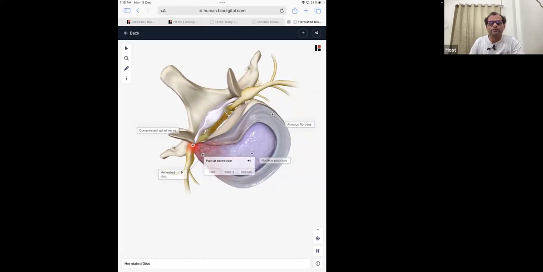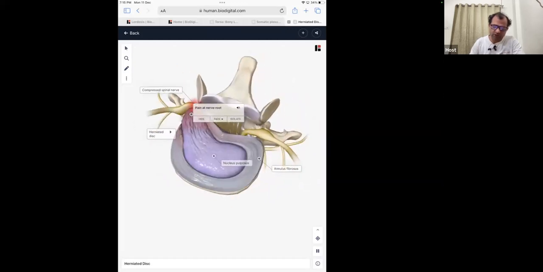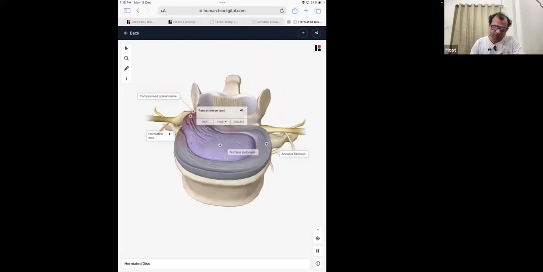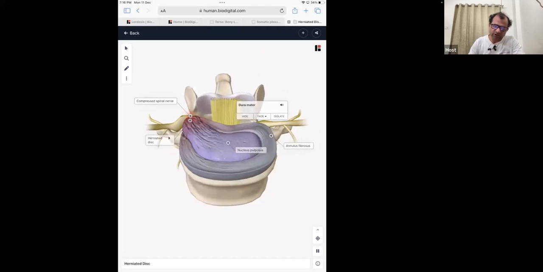It will create the problem. Or if any problem happens on the dura, on the back side, it will also create the problem, right? So now look at this image.